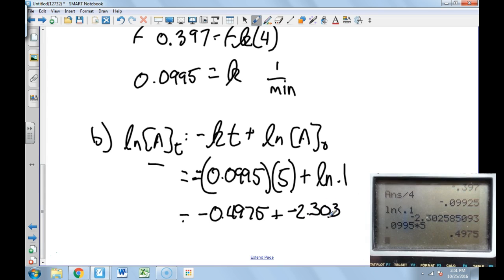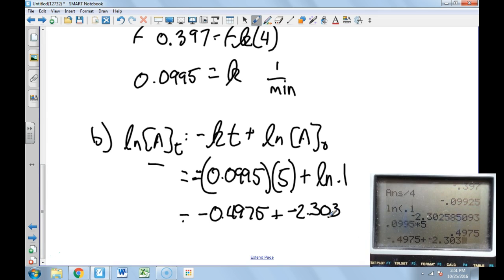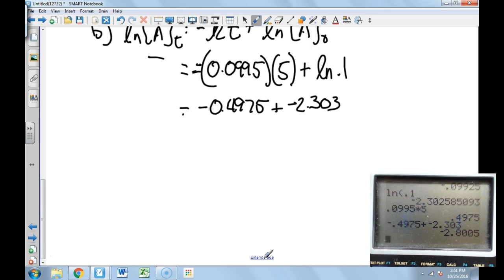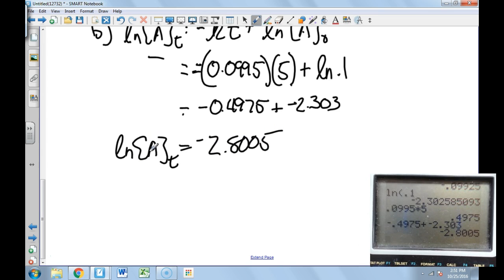And so we add that. Negative 0.4975 plus negative 2.303. So the ln of the concentration of A at time t equals negative 2.8005.